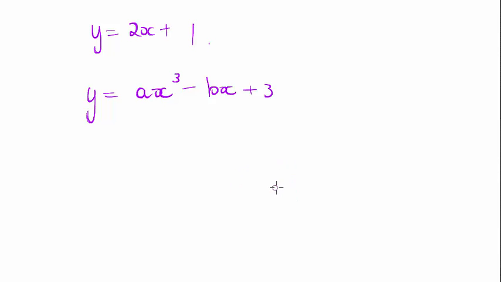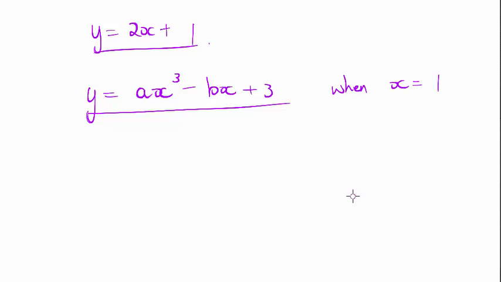I don't know if it's going to work out, I'm thinking it up. I say this line is tangent to that curve when x is equal to 1. Find a and b.